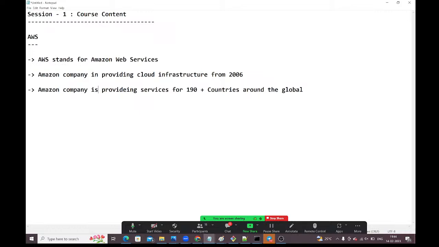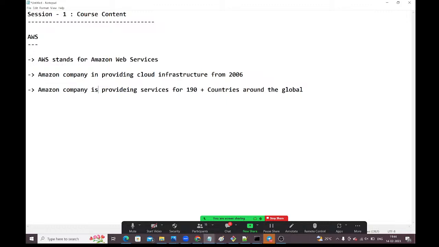AWS stands for Amazon Web Services. Amazon company is providing cloud infrastructure from 2006 onwards. Amazon company is providing services to 190 plus countries globally. AWS provides a highly reliable, scalable, low-cost infrastructure platform, guys.